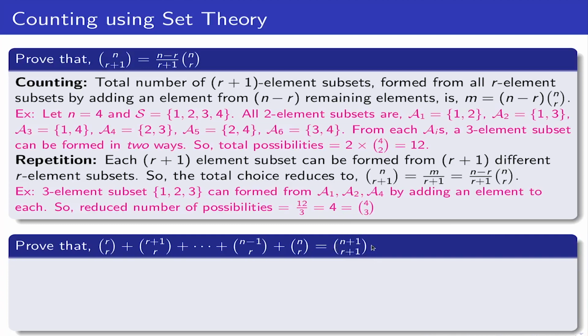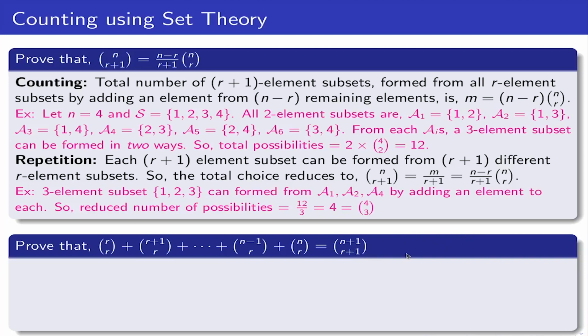So first of all, try to look at the right hand side. What does it say in terms of combinatorics? It says that I need to choose R plus 1 element sets from an n plus 1 element set. So forget about the left side. Let me tell you a strategy by which I am choosing those R plus 1 element sets. Let's say that the n plus 1 element set is numbered as 1, 2, 3, 4 up to n plus 1.